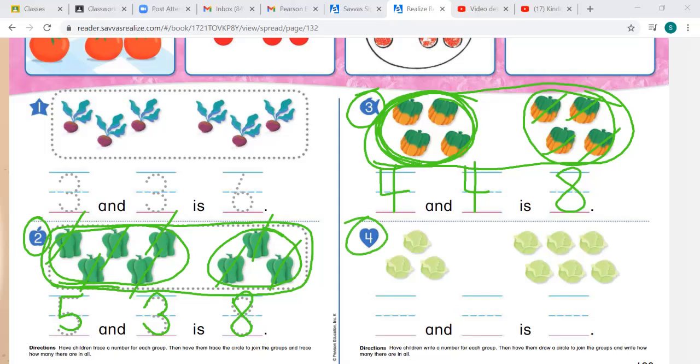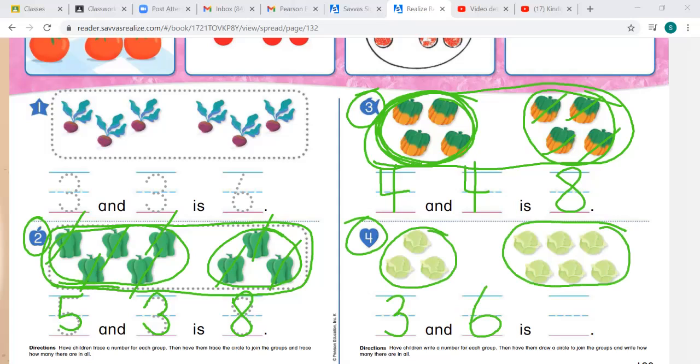All right, last one. It looks like we have cabbage. We have one group of cabbage here, and there's 3 heads of cabbage. We have another group here. There is 6 heads of cabbage. We want to join them together to see how many we have in all.